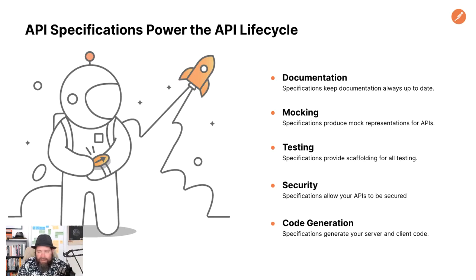API specifications are also being used as a scaffolding for testing, allowing API producers to generate contract, integration, performance, and other types of tests that help them make sure an API is doing what it should do, running those tests as part of pipelines or scheduling them using a monitor. The same approach can be used for security.